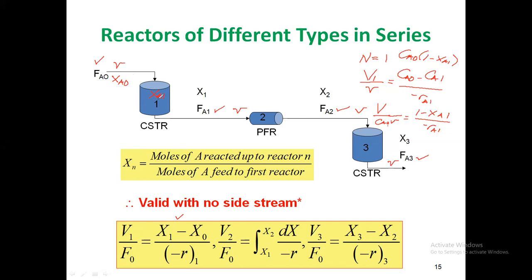So that would be XA1 minus XAO for your 1 minus XA1. So we can write now V over v, CAO times v is FAO, equal to this one. Take note, it can be presented as this, XA1 minus XAO divided by the rate.